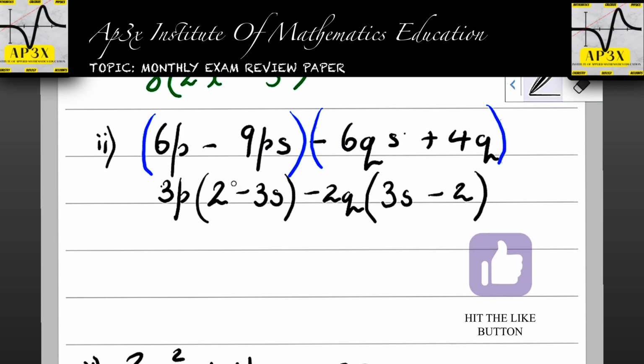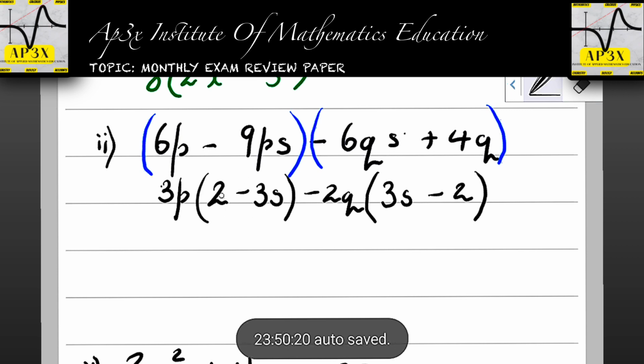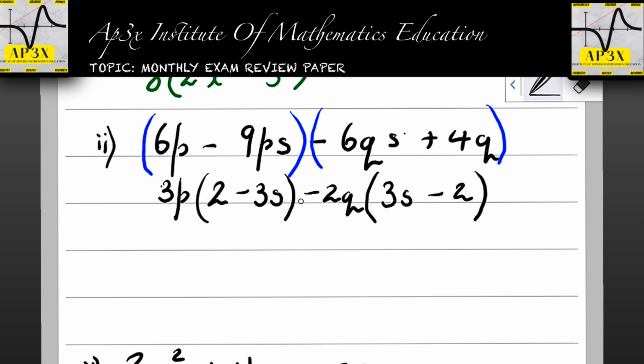Now, usually when this situation occurs, what you're looking at is that we need to shift up the terms. So we could actually go ahead and put the -9ps in front of the 6p, so that the expression inside the bracket could become like the one in the bracket over here.